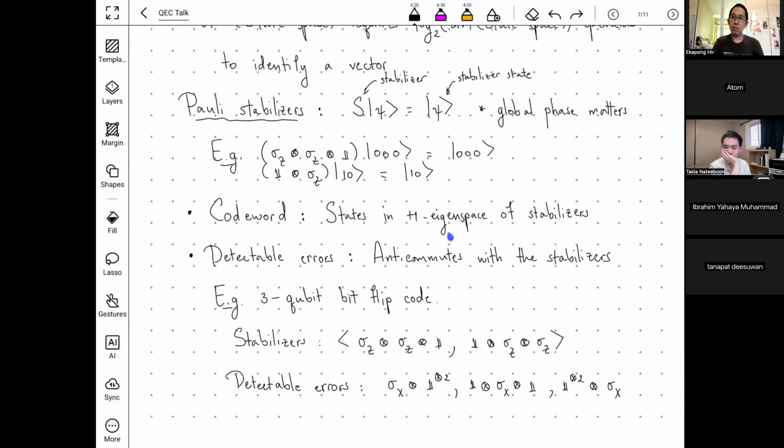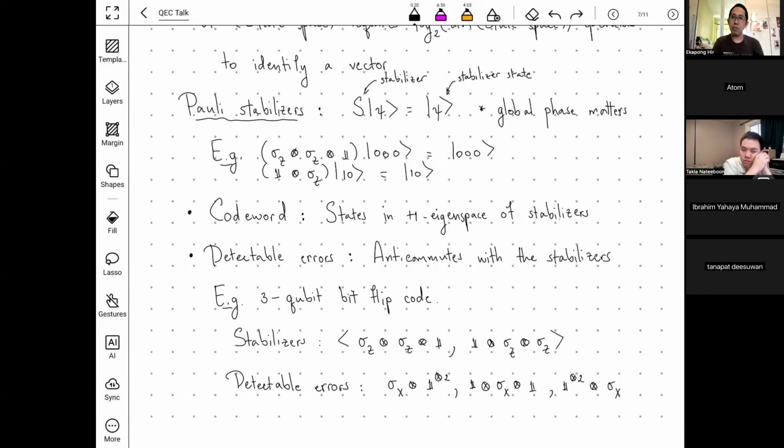For example, you can use the 3-qubit bit flip code here, which has two stabilizers, written here.